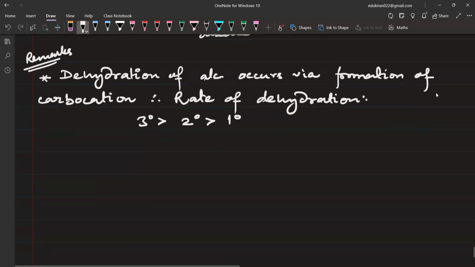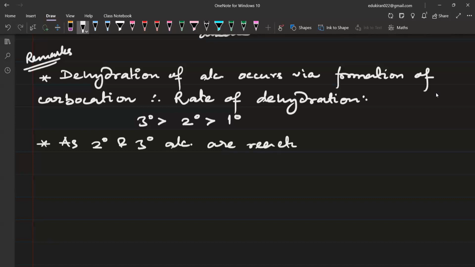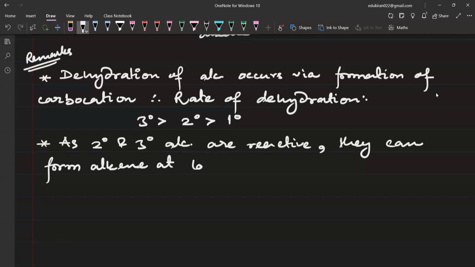Then you will write the next point: 2 degree and 3 degree alcohols are reactive. They can form alkene at lower temperatures and milder acid.